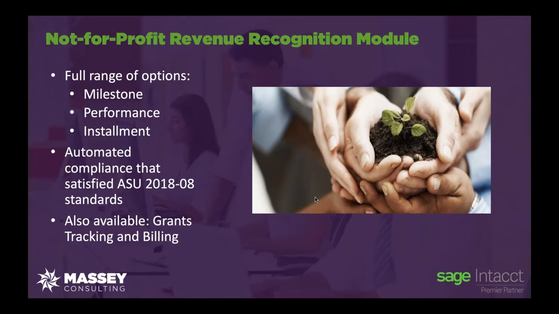Okay, so Intacct's taken all the work that they've done for other industries with revenue recognition, and they've repurposed that to fit the subtle nuances of the not-for-profit market space.